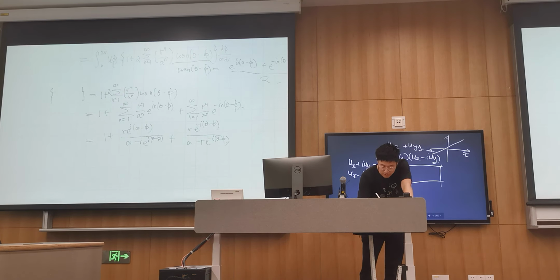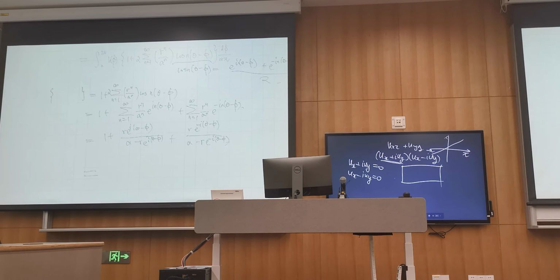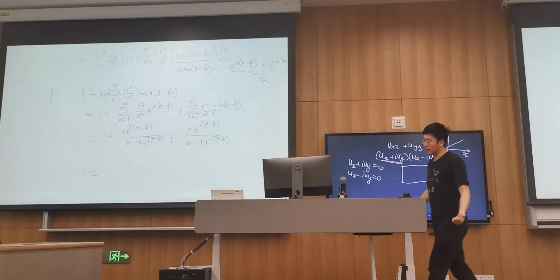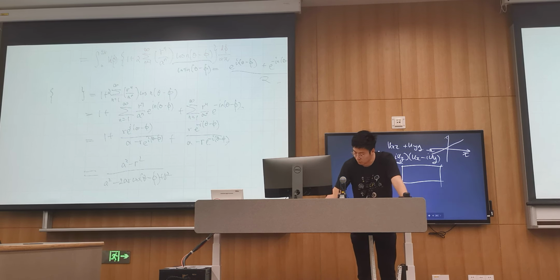Again, each is the outcome of a geometric sequence. And then finally we obtain a squared minus r squared over a squared minus 2ar cosine(theta minus phi) plus r squared.